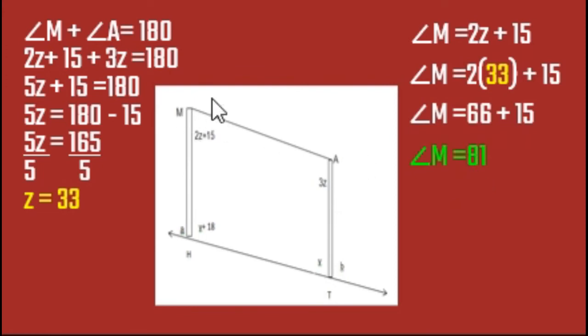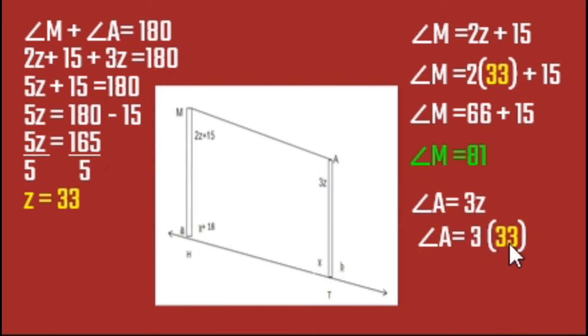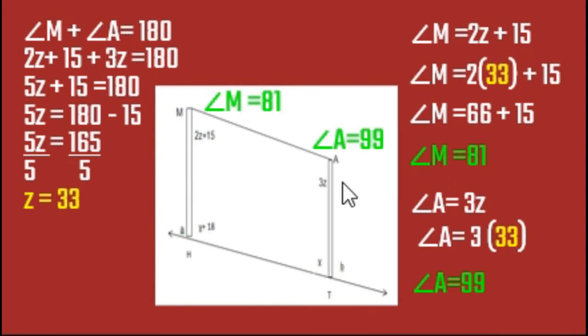So this angle is 81. Next, let's find the measure of angle A. Angle A is 3z. Let's substitute the value of z. 3 times 33 is equal to 99. So the measure of angle A is 99. So angle M is 81, angle A is 99.